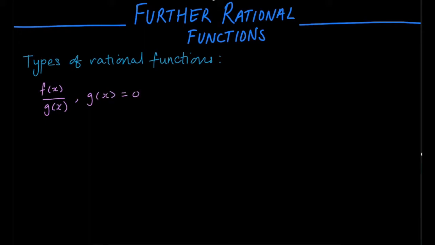There are three types of rational functions. The first type is when the degree of f of x is greater than the degree of g of x. By the degree I mean the power to which the x value is raised.